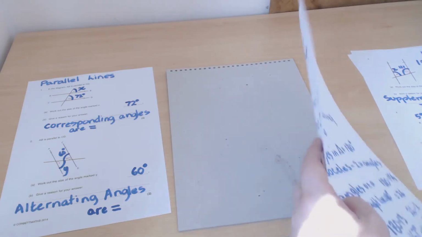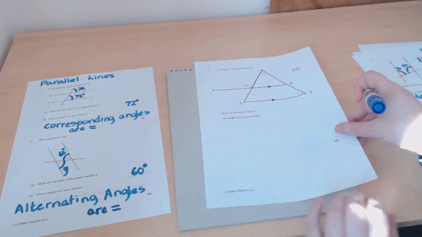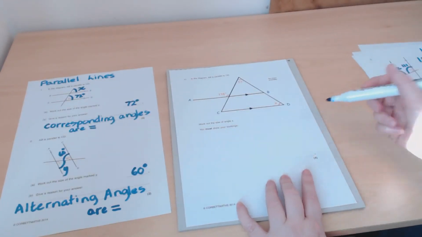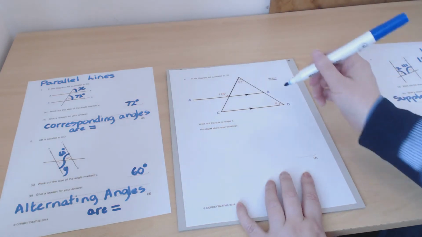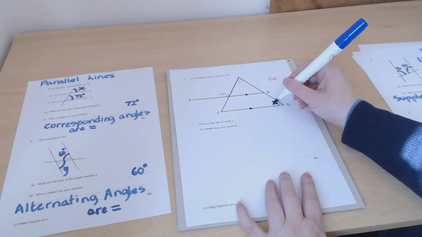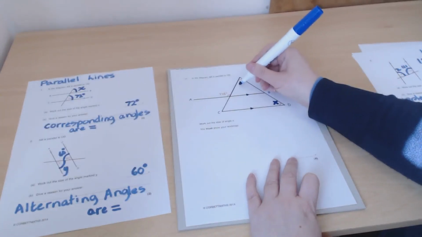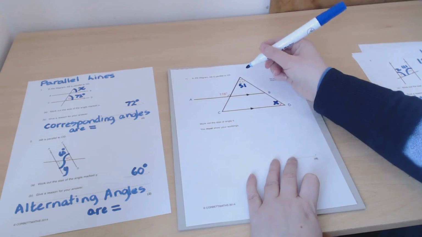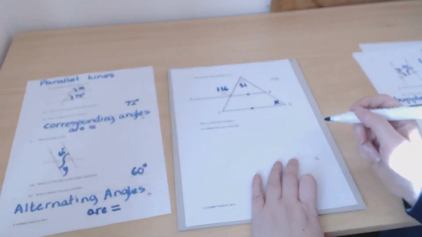So final example. Okay, so our parallel lines are here this time, and they're asking us to work out this angle at the bottom that they've called X. This one inside at the top is 51, and this one outside here is 116.